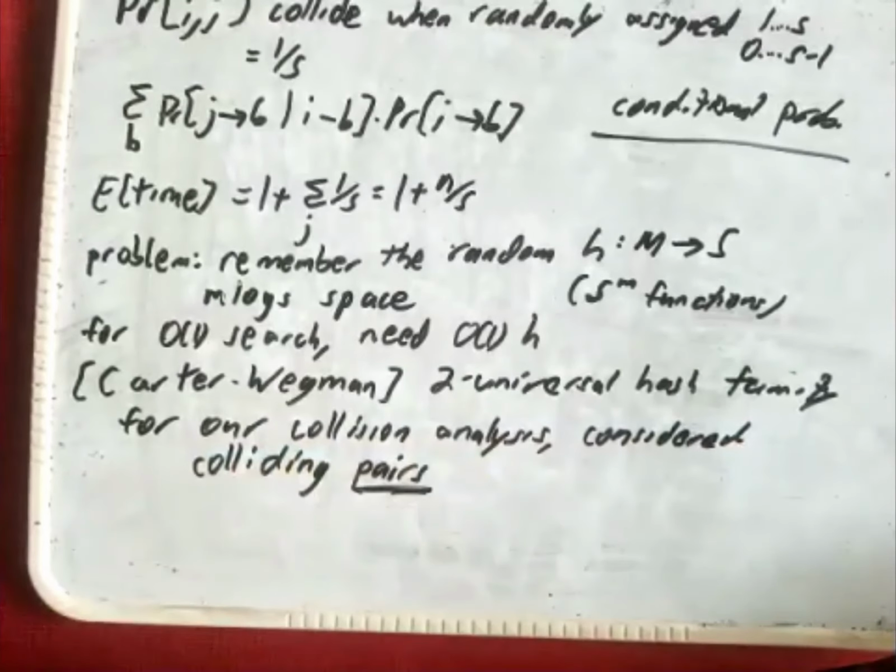Right? We didn't consider the entire collection of items all at once. We were just asking about the probability that I collides with J for every possible pair I and J.